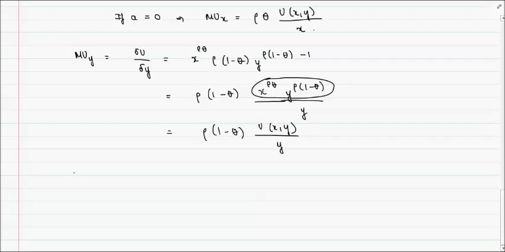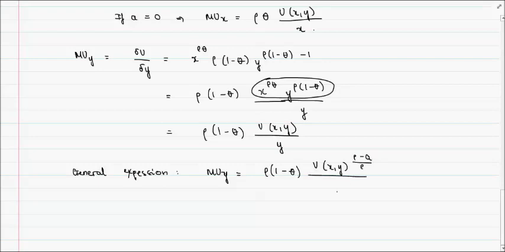And if you're using the general expression that we found earlier, where the marginal utility of y is equal to rho 1 minus theta utility of x and y to the power of rho minus a divided by rho, and everything divided by y to the power 1 minus a.